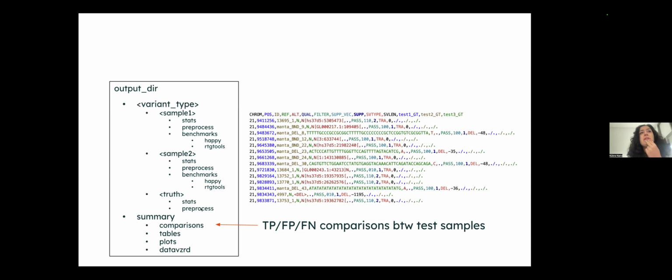The pre-processing step gives you a chance to compare the initial variant numbers. And for the actual summary, I have a step to make the comparisons between true positive, false positive, and false negative variants. This is quite useful because here, as you can see, there are 3 samples and those are all, I guess, true positives.